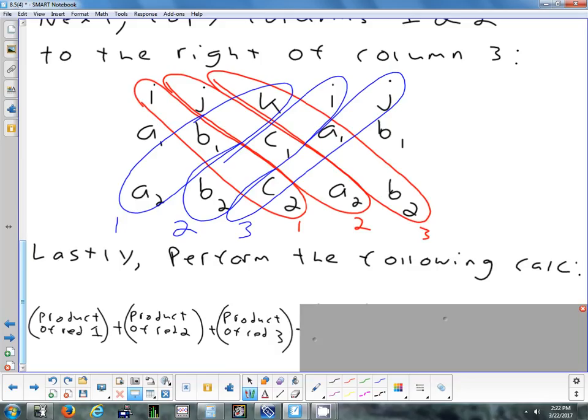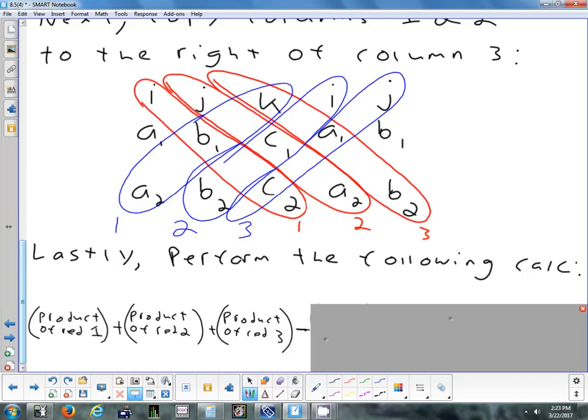And then you're going to put plus the product of everything that's on red 3. So when you're done this step, you're going to have something I, something j, and something k. Okay. So take all the red diagonals, you multiply them each separately, and add them up.